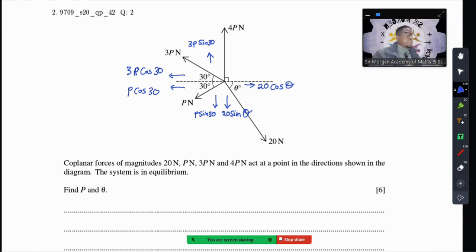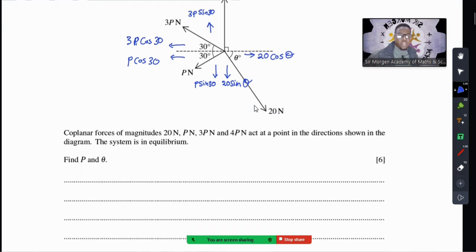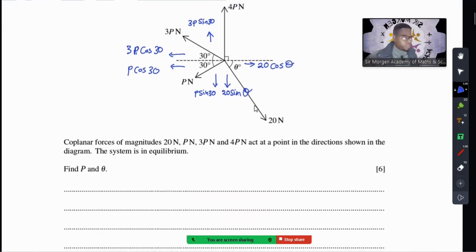All right. So now we need to make sure that we combine these forces, those acting vertically and those acting horizontally. So you can now come down here and say consider the vertical forces or components.